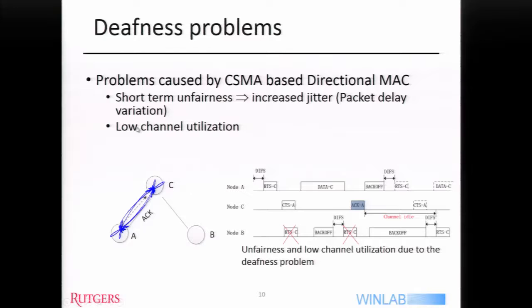So this will cause some short-term unfairness problem, which will increase the jitter of the flows in the network. In another case, if node A does not have a packet to transmit, because node B is in a very long backoff, the channel will be idle for a long period. In that way, the channel utilization under the deafness problem will become really low.